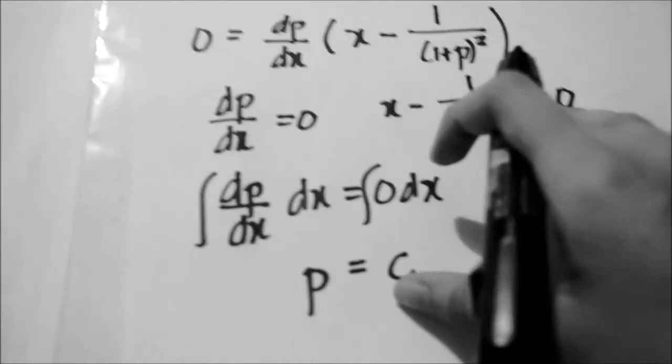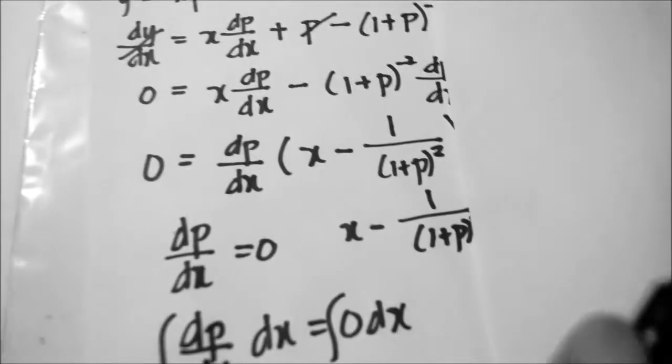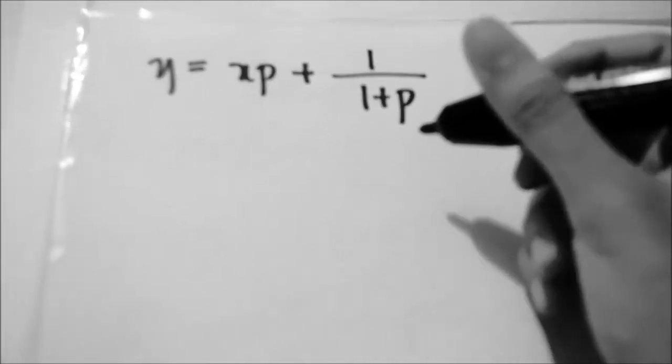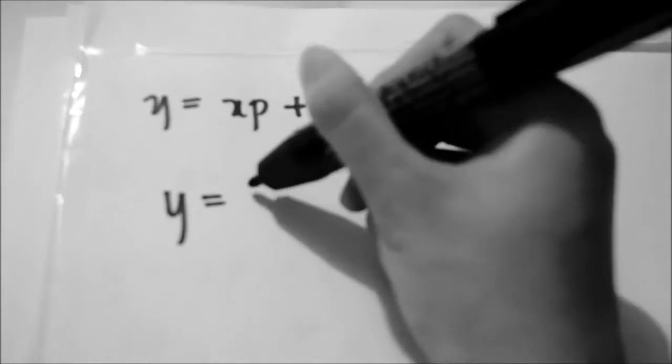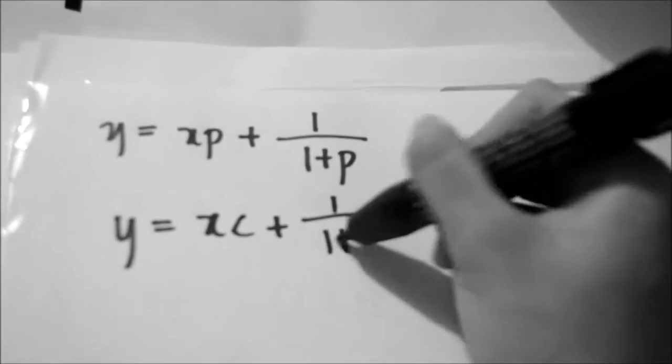Now that we have p = c, we will substitute c into the original equation y = xp + 1/(1 + p) to get the solution. So this will turn out to be y = xc + 1/(1 + c).